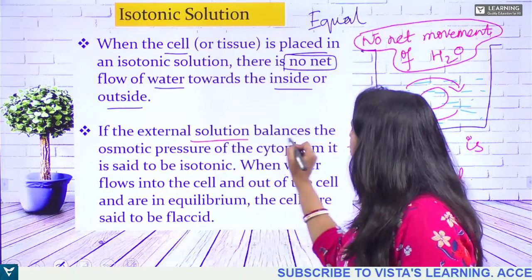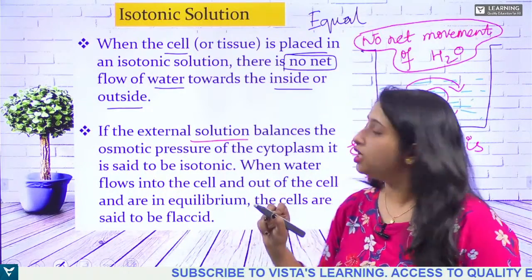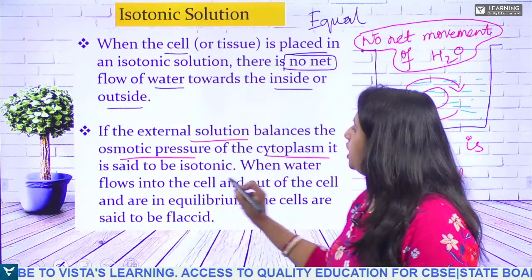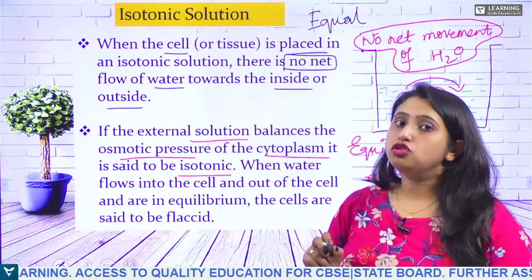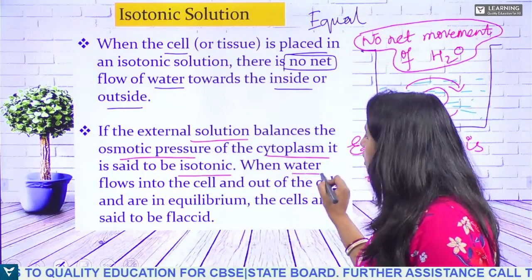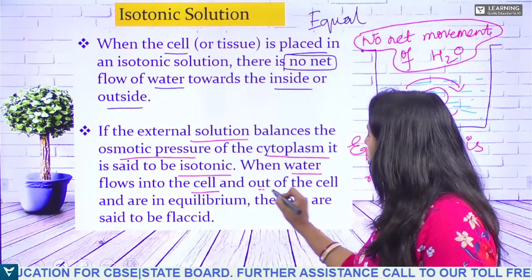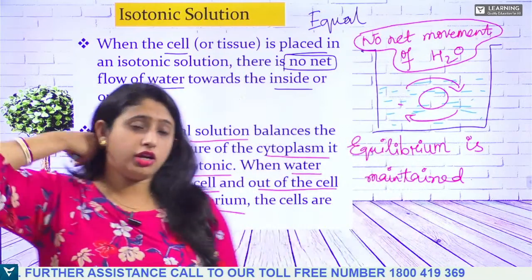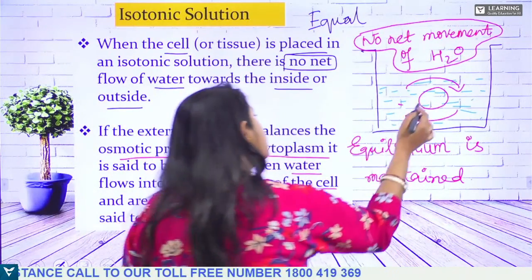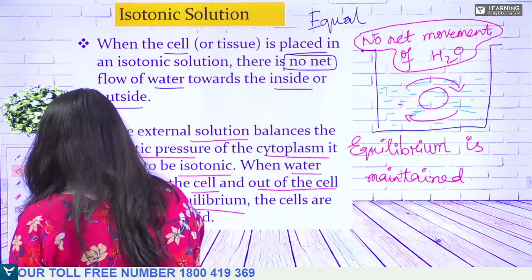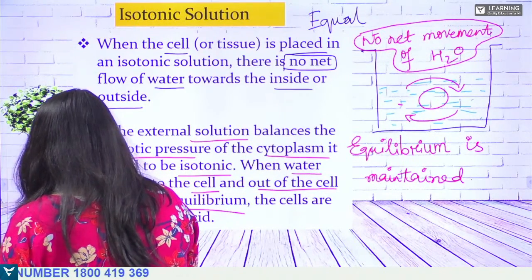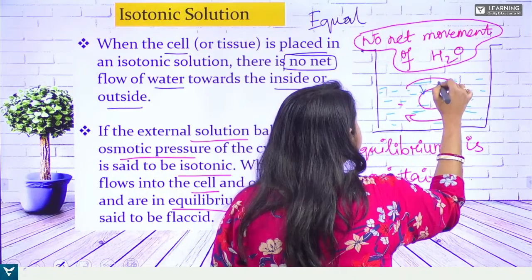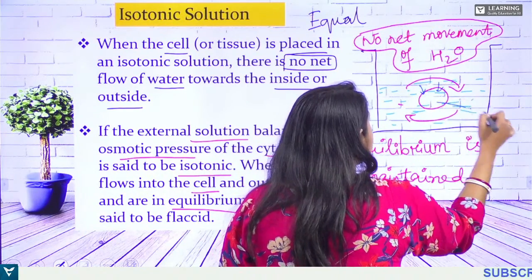If the external solution balances the osmotic potential pressure of the cytoplasm, it is said to be isotonic. So water flows into the cell and out of the cell under an equilibrium. See here, the water molecules are flowing inside and outside the cell, right?